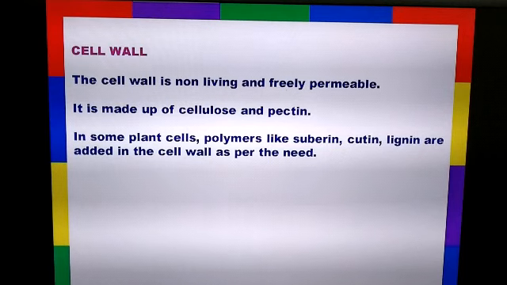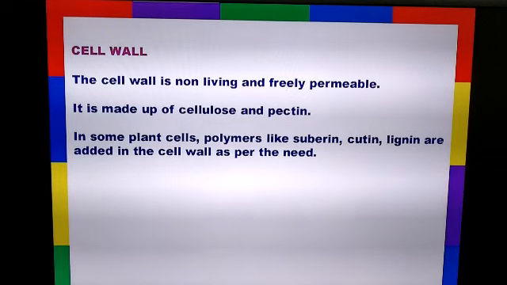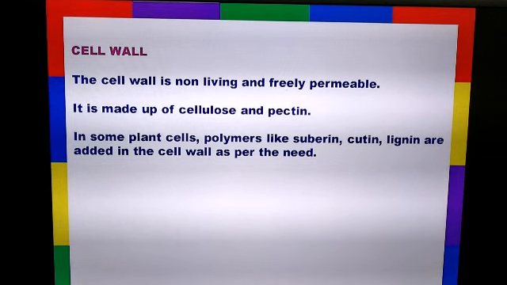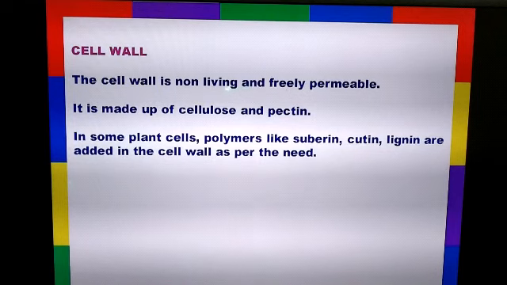That was semi-permeable in plasma membrane. Now cell wall is freely permeable, meaning cell wall allows all sorts of substances to enter and leave the cell freely. So any substance can enter the cell, any substance can leave the cell because of free permeability of the cell wall.